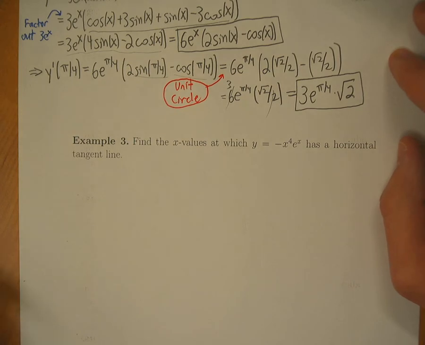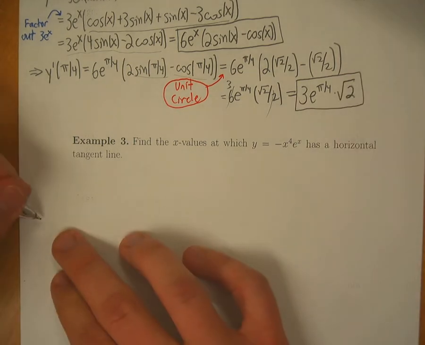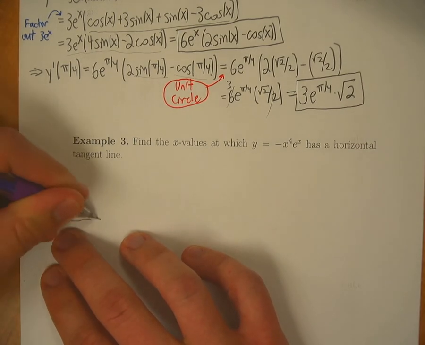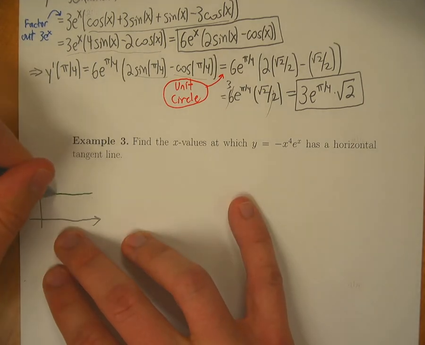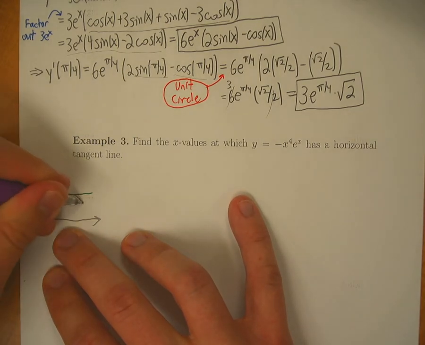So let's quickly review our little discussion from last time. If we have just a horizontal line, then the horizontal tangent line is going to give us something like this.